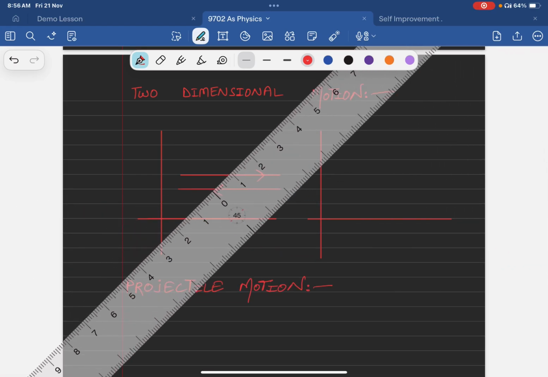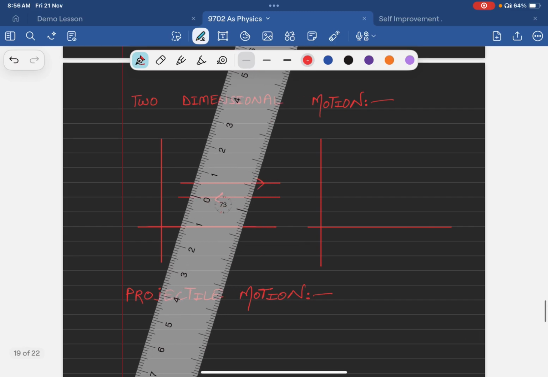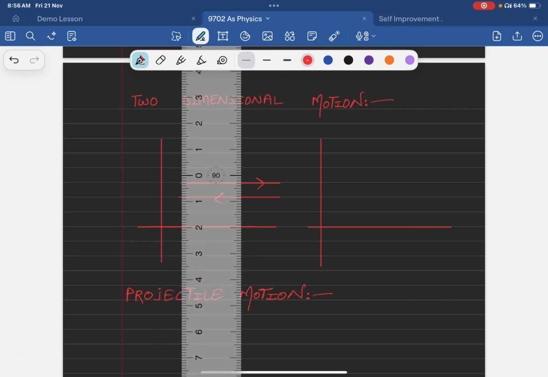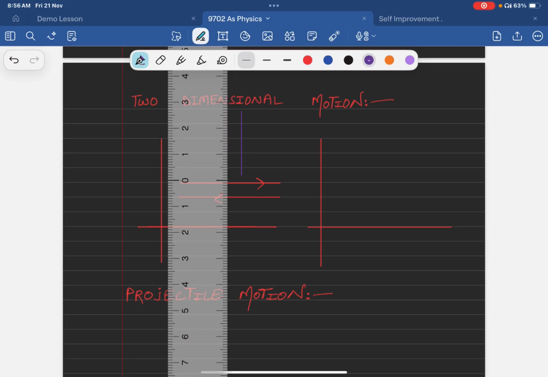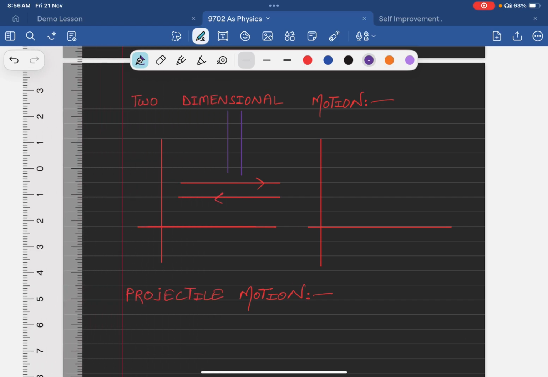Or if you're talking about vertical motion, either the object is going upwards or it is coming downwards. It means moving in the plus y or the minus y direction. So these are examples of one-dimensional motion.